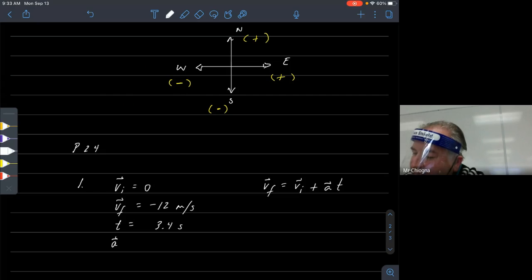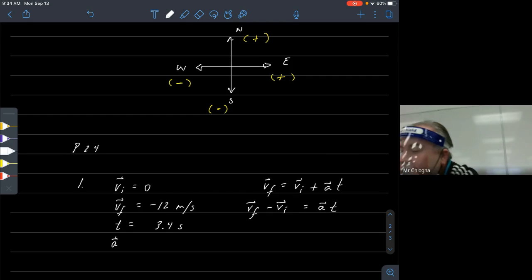Okay. Now, I suggest rather than plugging in first, and again, it's up to you, I suggest rearranging the equation to begin with. That way you get familiar with what it looks like. So at this point, you should be able to rearrange the equations, but I'm just subtracting VI from both sides to begin with.